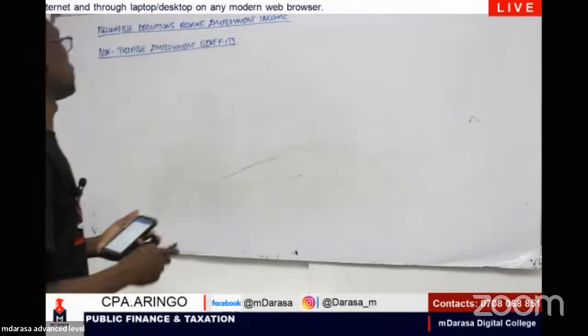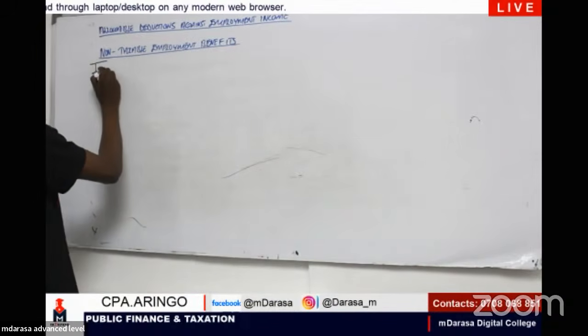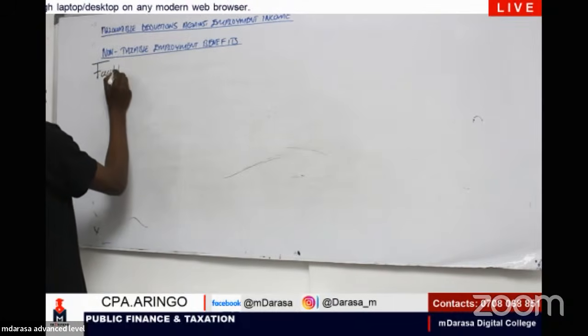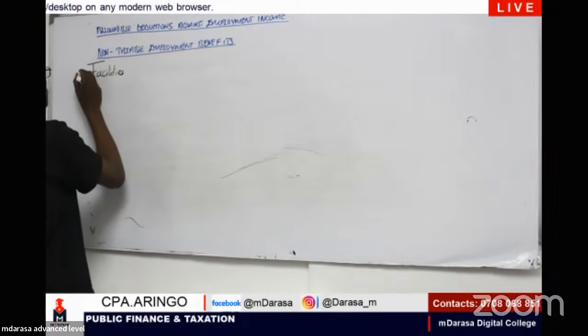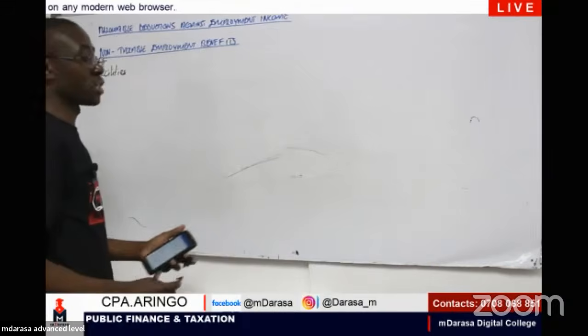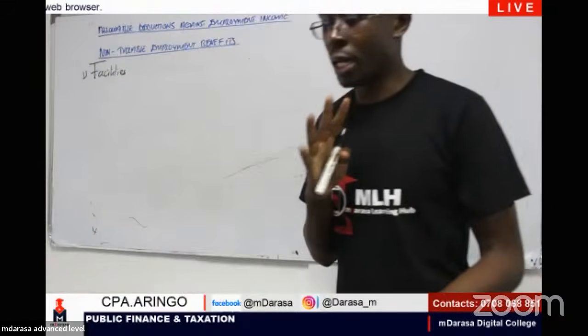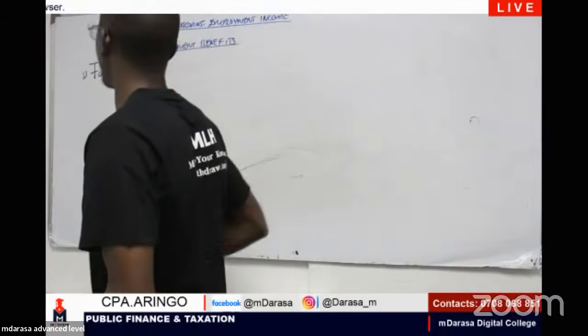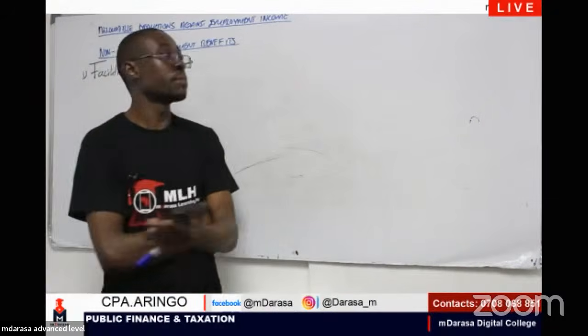Example, we can start with number one, facilities. We had mentioned this earlier on, and that's why I said we'll be looking at them further. We mentioned them as part of non-cash benefits, but right now we are looking at non-taxable employment benefits.